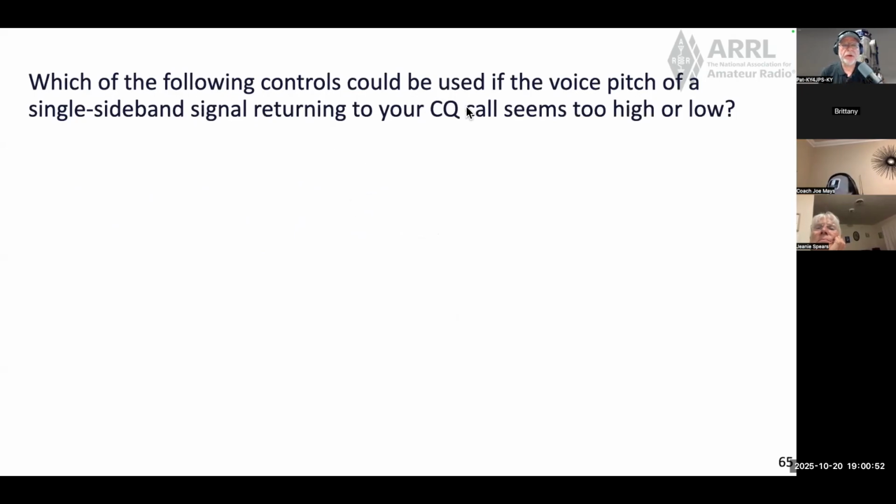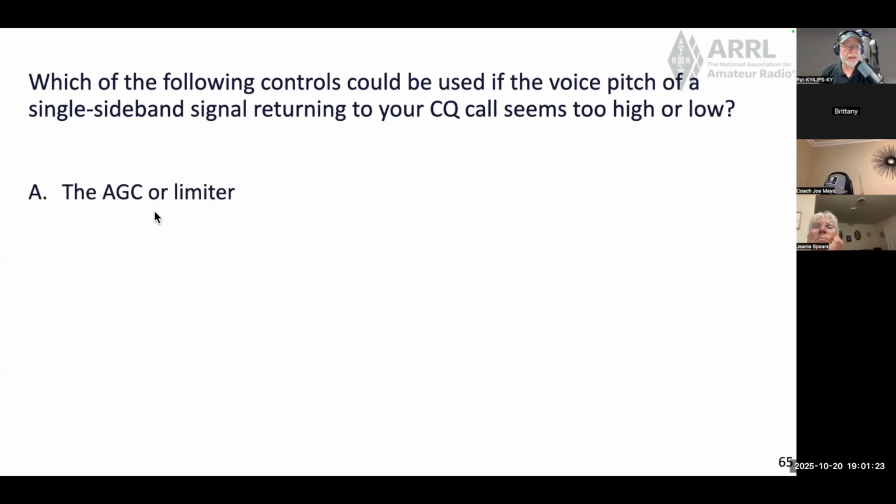Which of the following controls can be used if the voice pitch of a single sideband signal returning your CQ, and that means you're calling CQ, which means you're wanting a station to respond, and so they're responding to you, and their call seems too high or too low. So which of the following controls would you use to adjust the voice pitch of the signal coming to you?